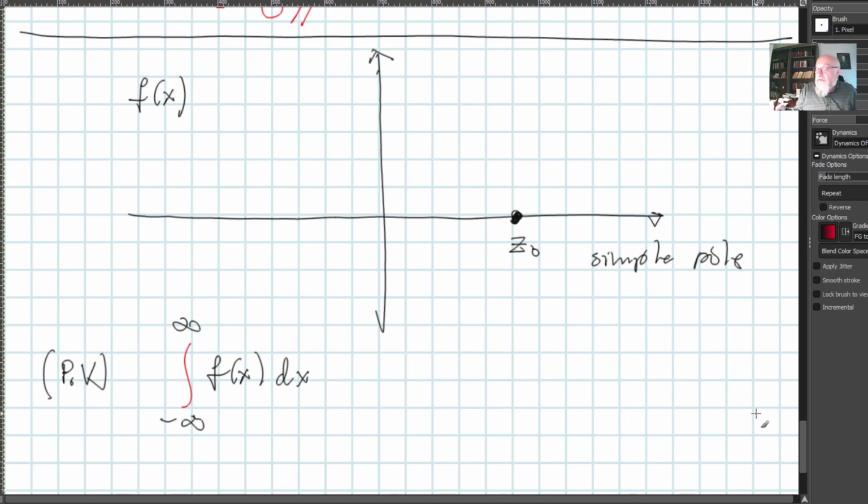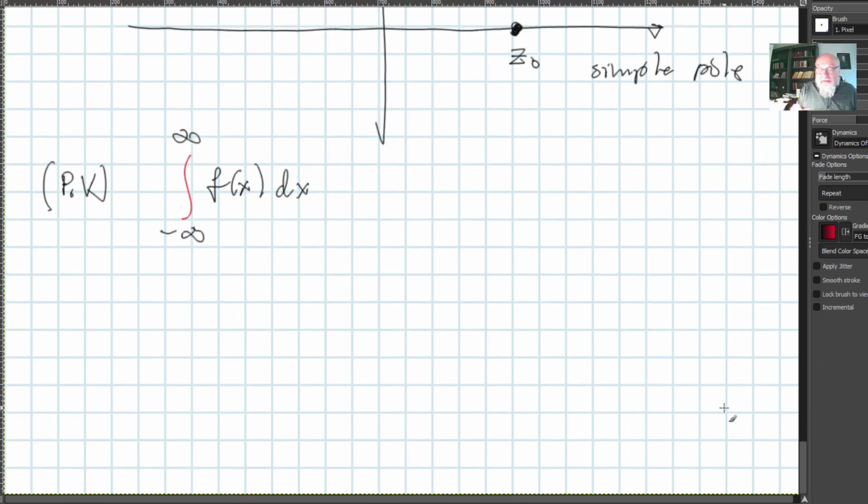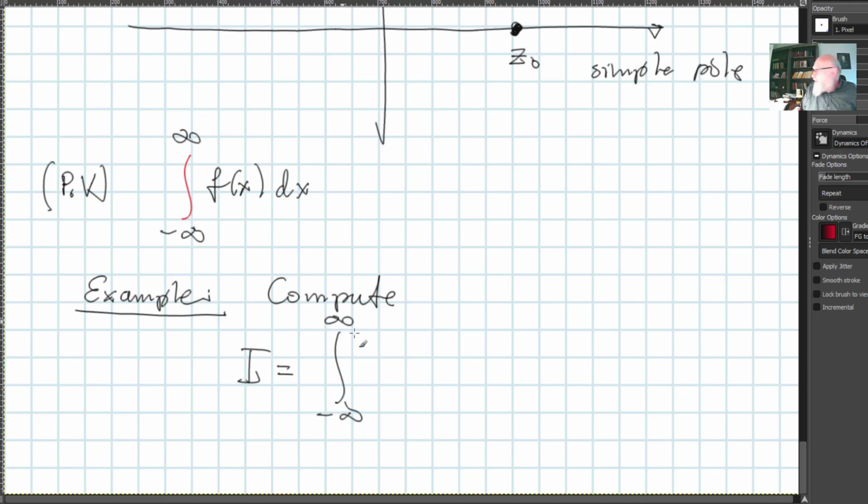Example: compute the integral from minus infinity to infinity of sine x over x squared plus 4 times x plus 1. I want to copy it correctly.